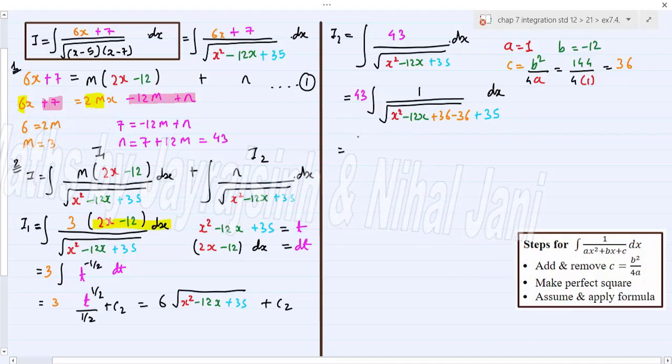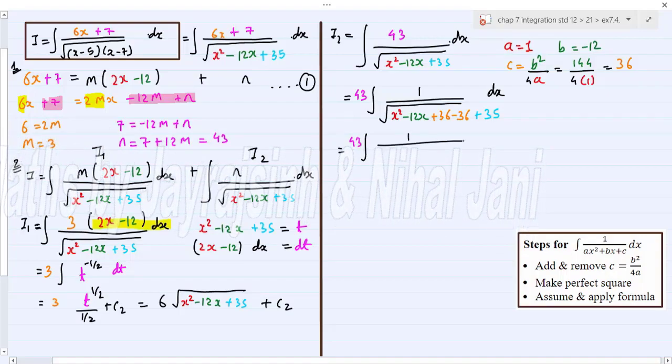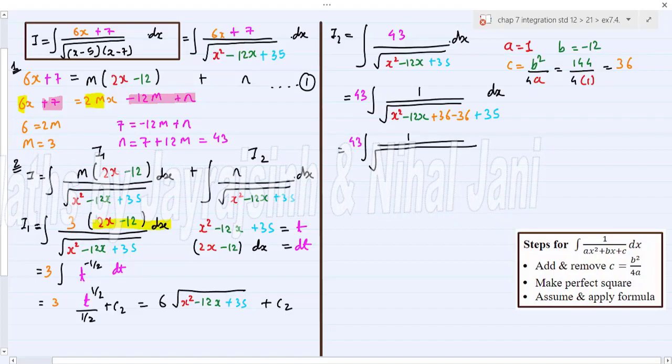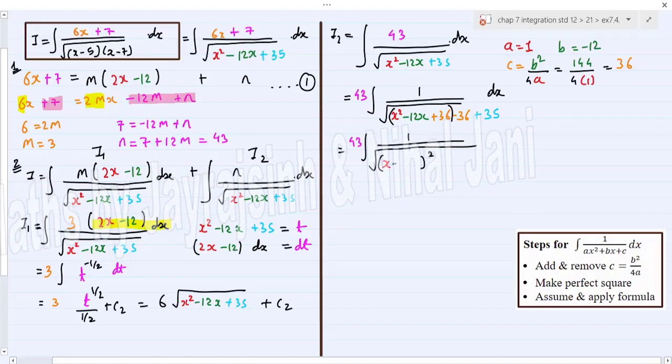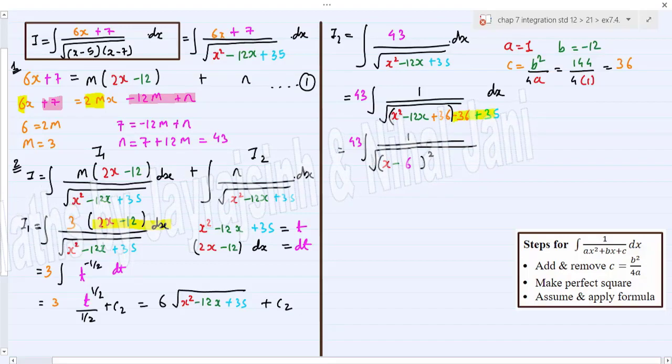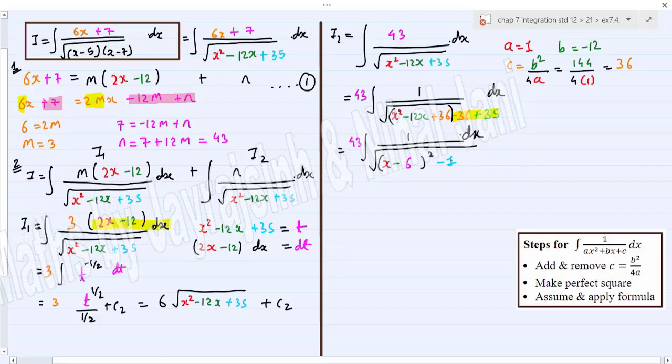So here this 43 remains as it is. In the denominator, our first 3 terms will create the perfect square of x minus 6, and minus 36 plus 35 gives minus 1.